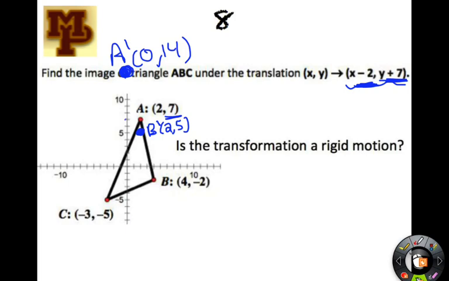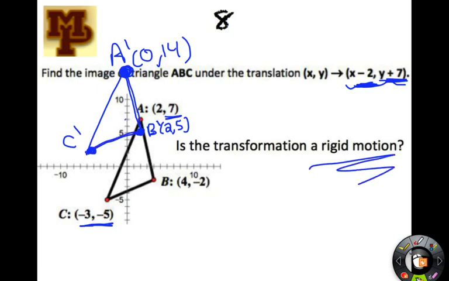Then we also add 7 to the y value, so that would be 2. So 1, 2, 3, 4, 5, and then that's going to be up here at 2. So this would be C prime, and then we would connect those dots, and that would be our new triangle. It's been translated up, and it is a rigid motion, so yes, because it's the same size and shape.